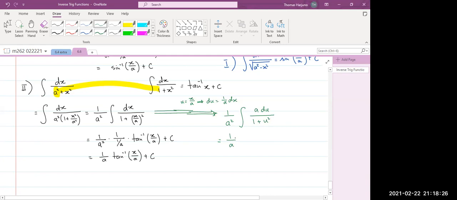Integral of du over 1 plus u squared is tangent inverse u plus constant, where my u, I substitute back, is x over a. Okay, that's if you want to do it the long way, which is not that long. But then it becomes substitution again. It trains your intuition when it comes to integration, what to substitute.